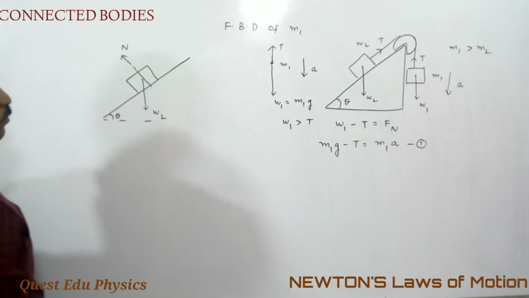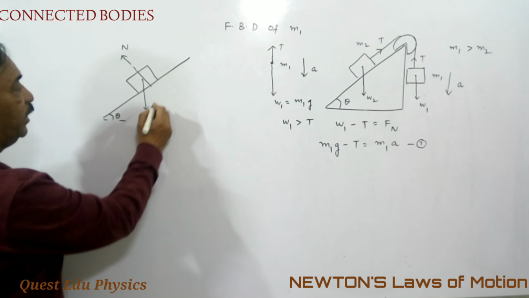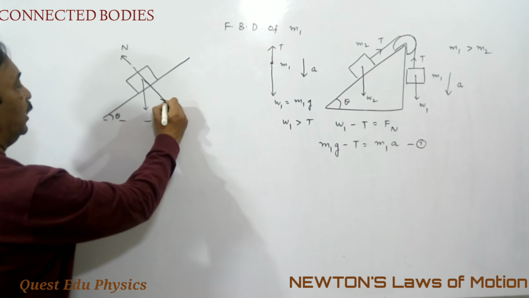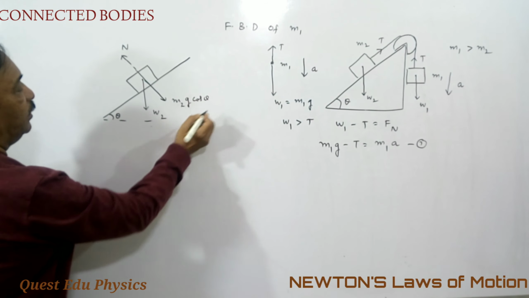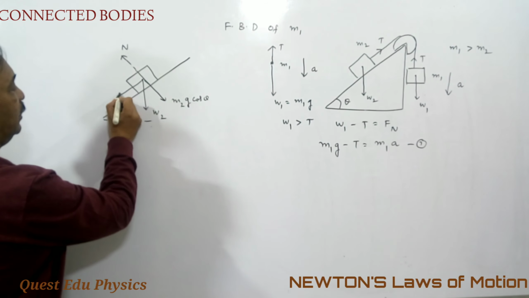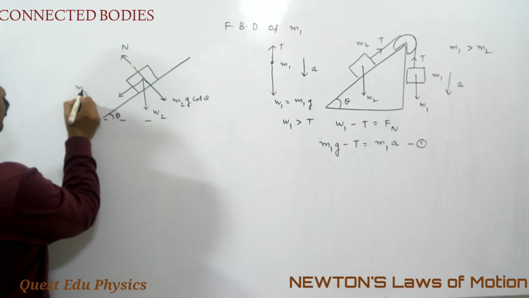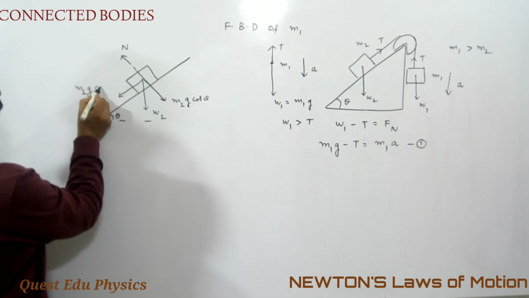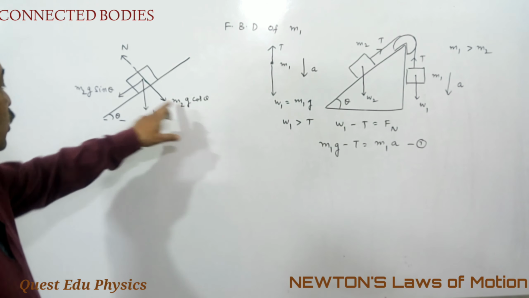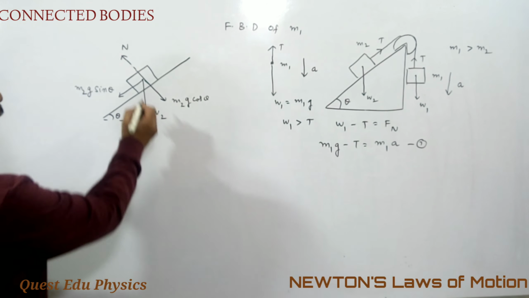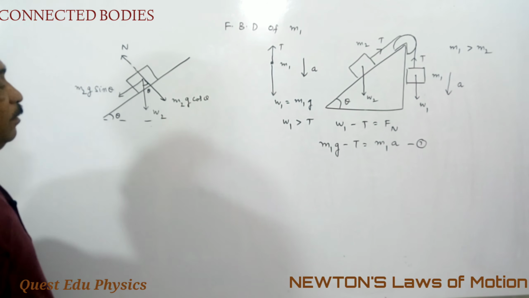Okay, students. Here we are resolving the weight into components. It is M2G cos theta and M2G sin theta. Here we did before. You know how to resolve the vectors into components. It is the theta.